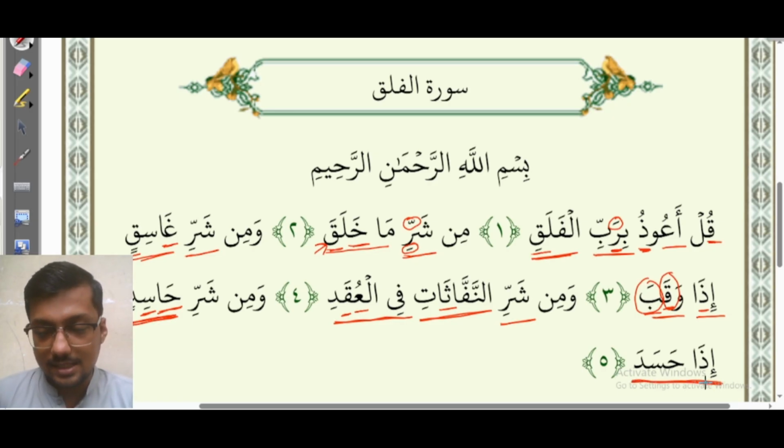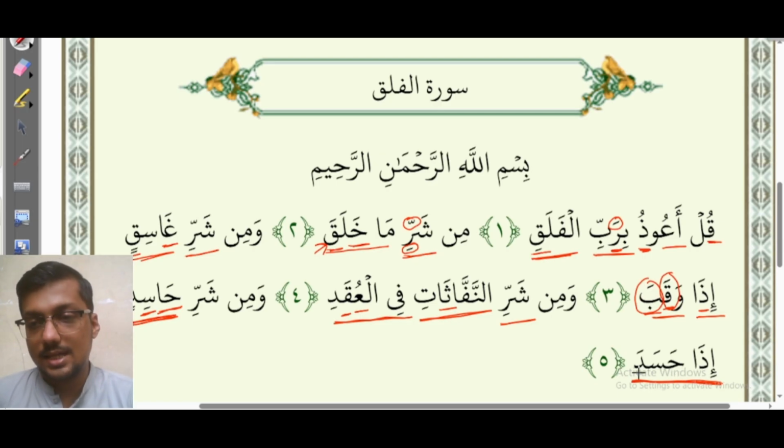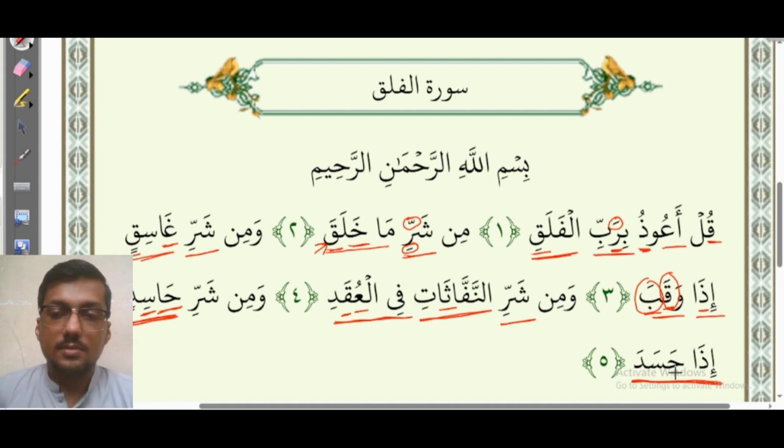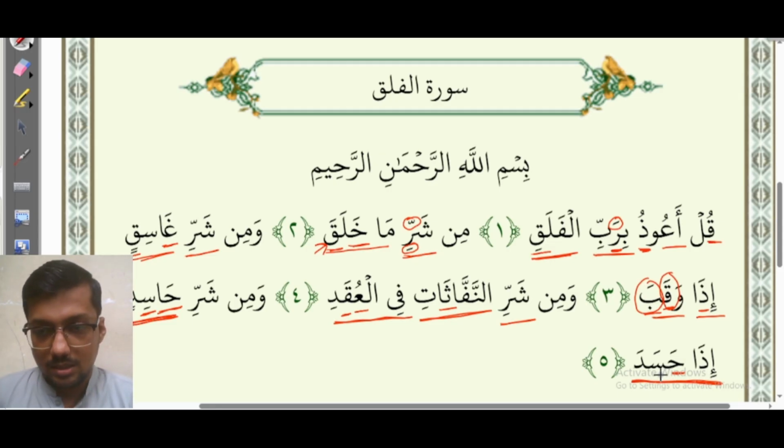Next word, إذا حسد. As we know, Zal is a light letter. We have to read it lightly. إذا. Next thing, حسد. We have already talked about how Ha is a throat letter and needs to be produced cleanly.